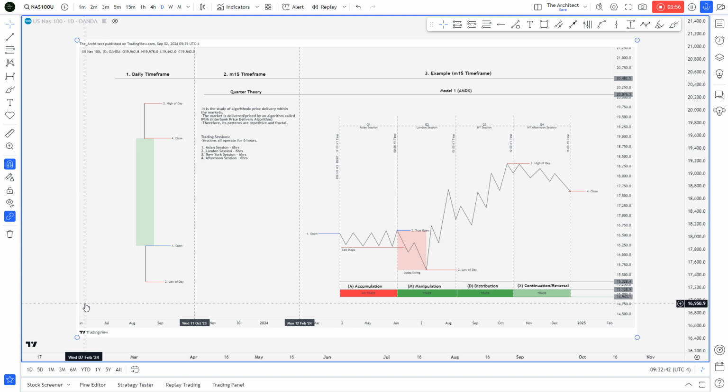So you need to have an idea of where the market is most likely going to draw to next. Once you have that idea, quarter theory will guide you in acting on that bias effectively. All right. So the information prior to this candle is bullish, and we're going to assume that this candle hasn't printed yet. How would this candle print?